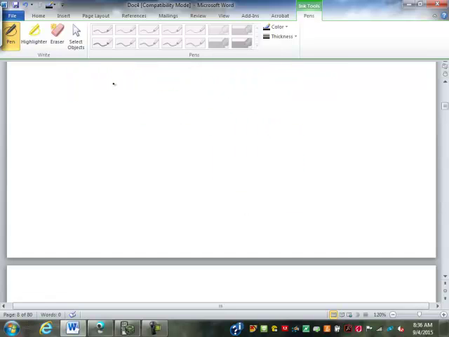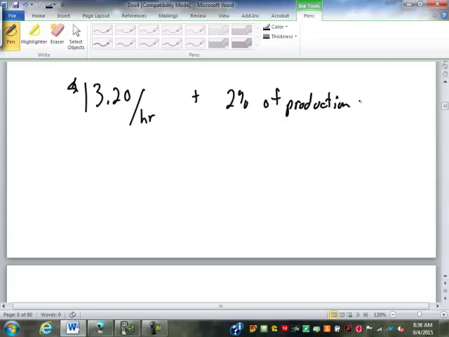Or they might have something set up like your pay is $13.20 per hour plus 2% of production value over 500. So what does that mean?